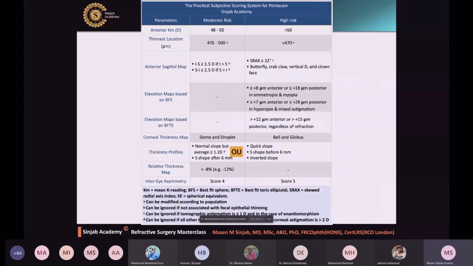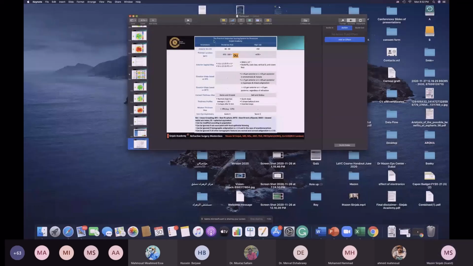So by applying this PS3 of the Pentacam, let's say that there is only the thinnest location. Okay, the thinnest location is less than 470. So, sorry, this one should be here. Okay, great.